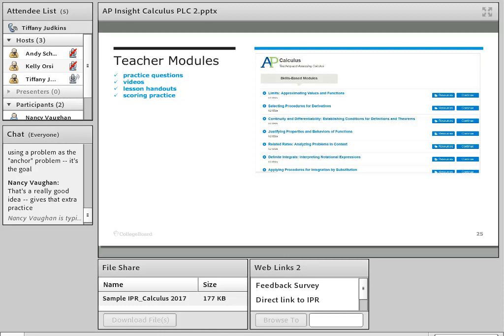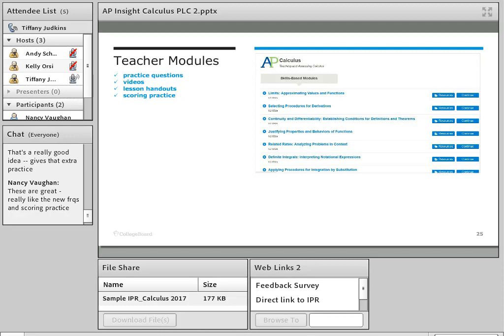They include downloadable lesson handouts and activity sheets for students, and a whole section on scoring practice where the former AP Calculus chief reader walks you through what the scoring guidelines would be for that practice FRQ, if you want to give it to your students, and then grade it the way a reader would grade it. So he talks through all the nuances of that.